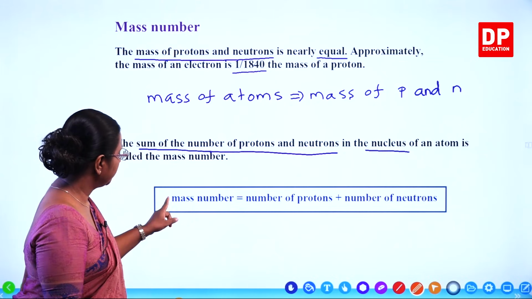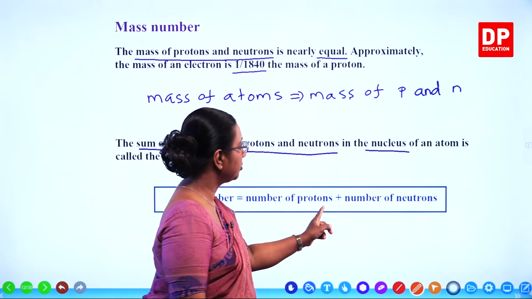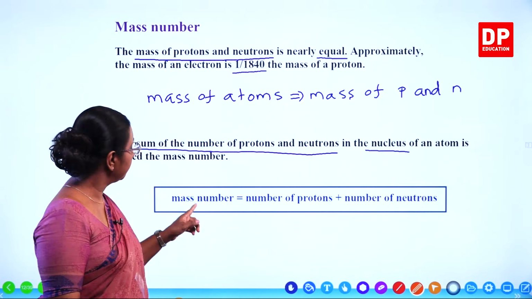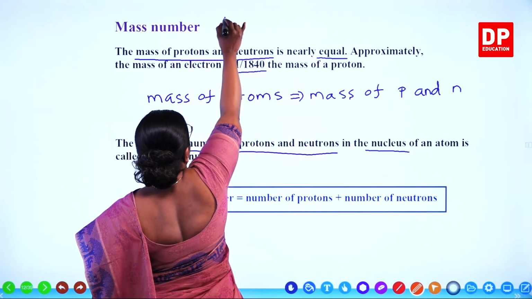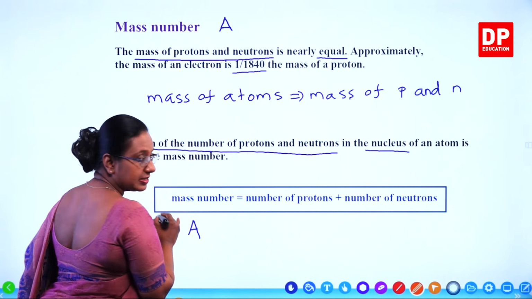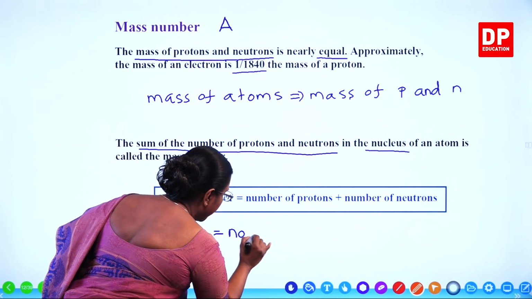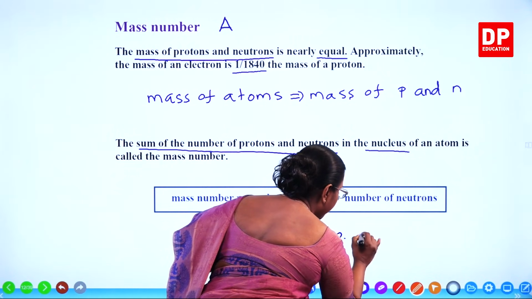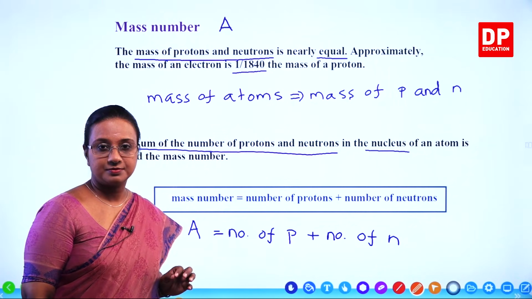So you can see mass number is equal to number of protons and number of neutrons. The symbol for mass number is capital A. So A of an atom, that is the mass number of an atom, is equal to number of protons plus number of neutrons, which have the mass.